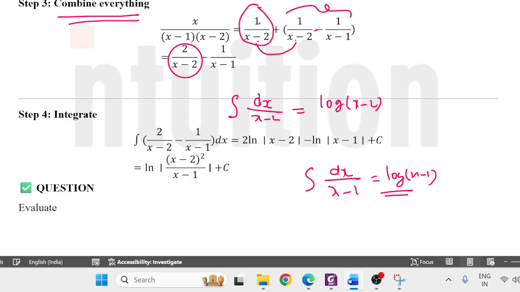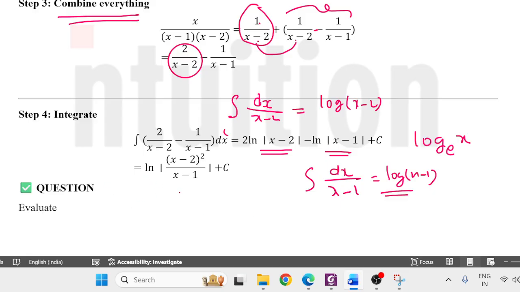Okay, so if you do it, you will get 2 times log of this, and ln of this. Ln means natural log, so no need to worry. It's like log to the base e, that is only natural log.